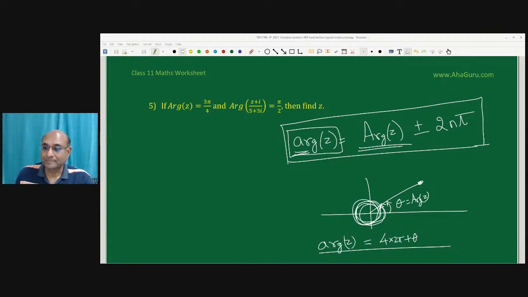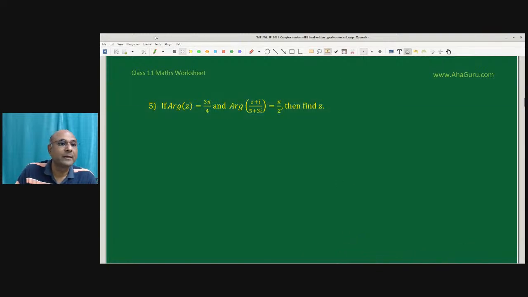How do I use it? Let us see. First move this thing down. The most important thing: 3 pi by 4 is not greatly useful. Pi by 2 tells you that you must be somewhere here, which is y times i, with y greater than 0, a positive number.